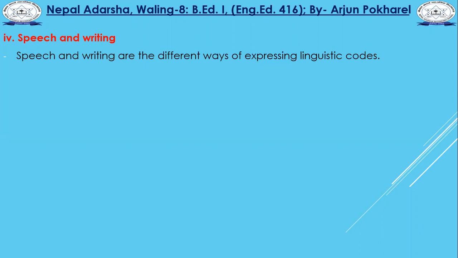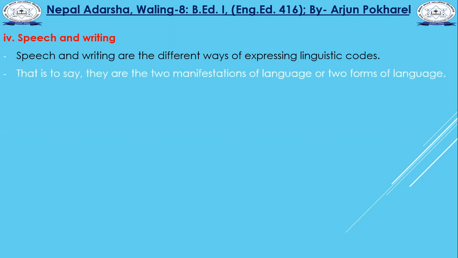We express our views by using speech and writing. That is to say, they are the two manifestations of language. We have two different forms of language, and these two different manifestations of language are speech and writing.